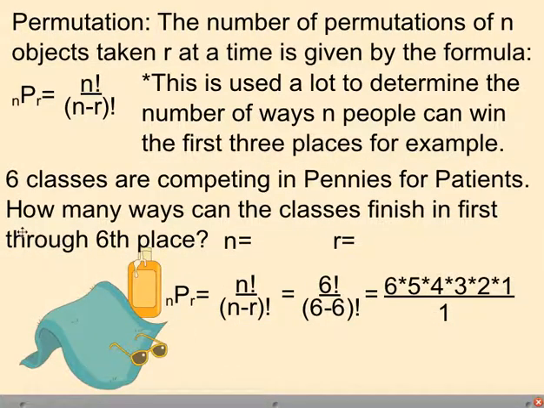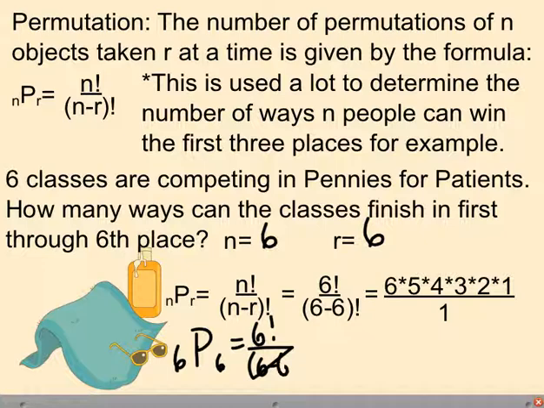So let's try it. In this first example, kind of silly, if we have our 6 classes competing in pennies for patience, how many ways can the classes finish 1st through 6th? Well, we have 6 classes and 6 spots for them. So when we plug it into our formula, 6 permutation 6 equals 6 factorial over 6 minus 6 factorial. Now, big thing here, we definitely know what 6 factorial is. That's 6 times 5 times 4 times 3 times 2 times 1.